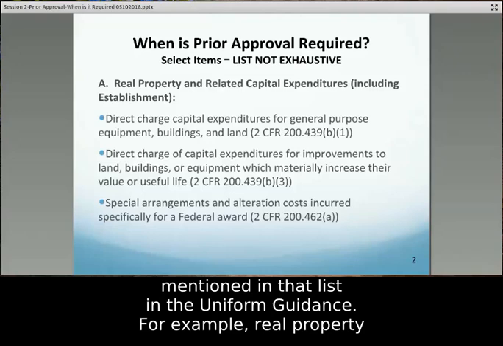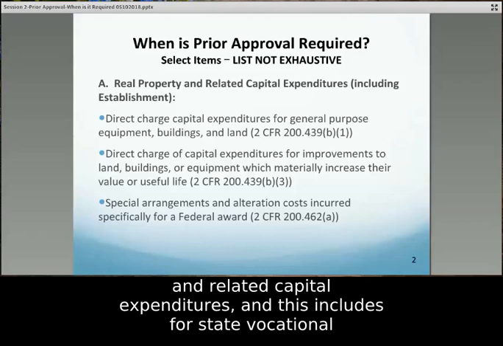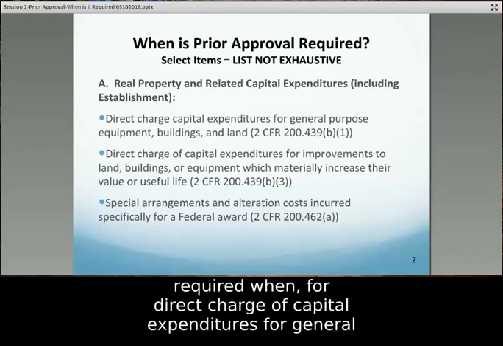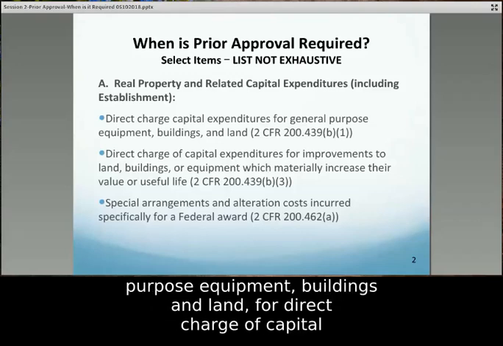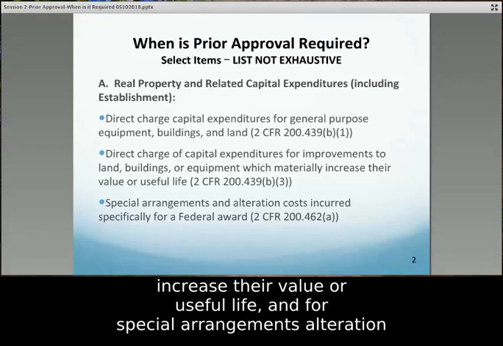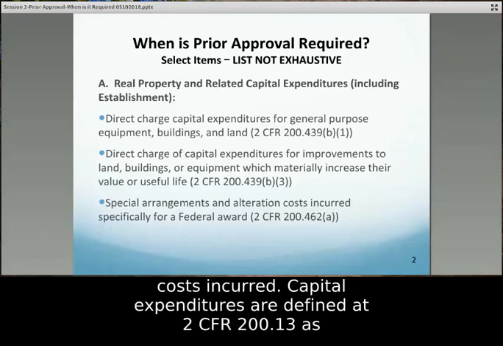For example, real property and related capital expenditures, and this includes, for state vocational rehabilitation programs, the establishment authority. So prior approval is required for direct charge of capital expenditures for general purpose equipment, buildings, and land, for direct charge of capital expenditures for improvements to land and buildings which materially increase their value or useful life, and for special arrangements and alteration costs incurred.